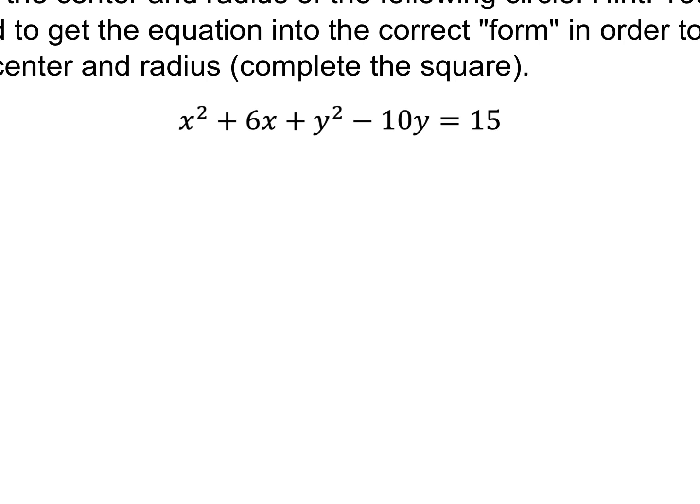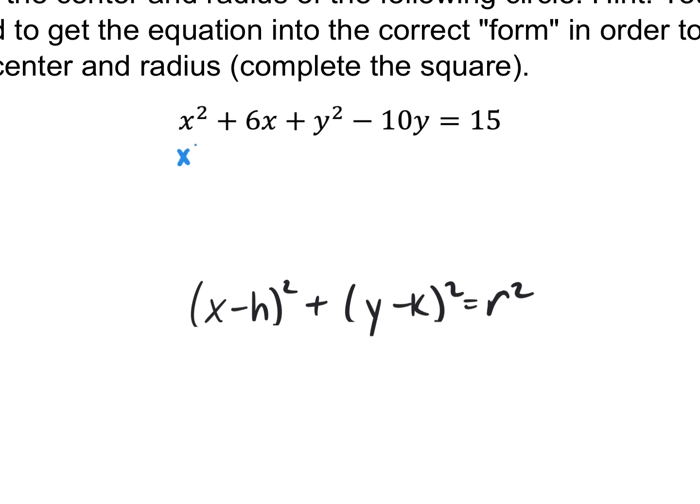There's no parentheses, and so I have to create these parentheses that you see. We're going to have to create these parentheses here in order for this to be in the correct quote-unquote form. And one of the ways to do this is by completing the square.